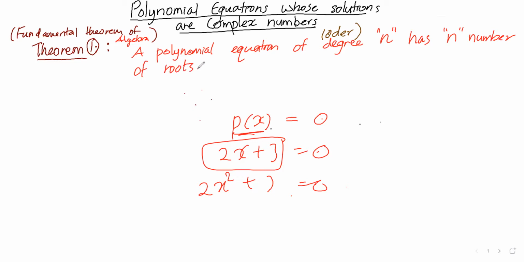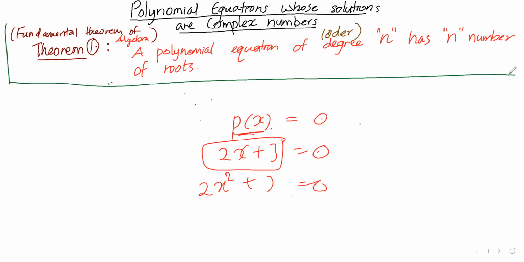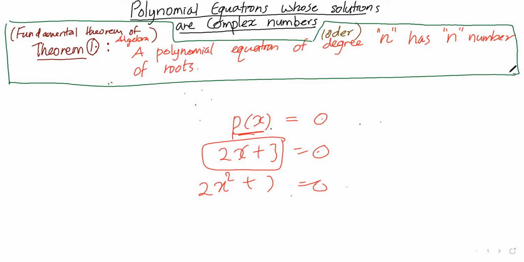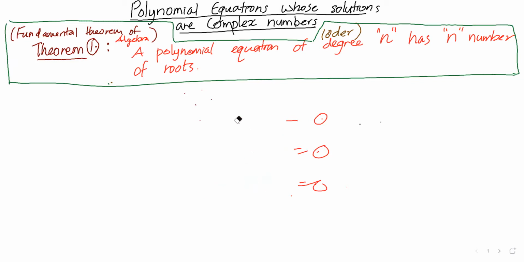So for those quadratic equations that you said have no real roots, we just said there are no real roots, but it has to have roots. 2 roots it has to have.